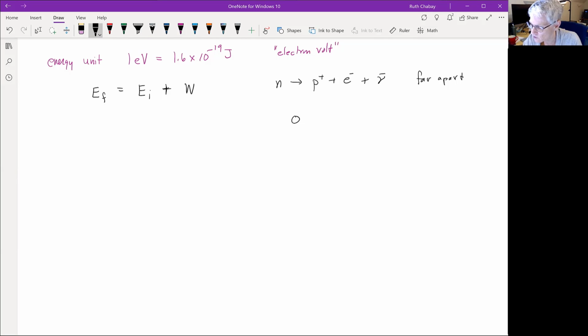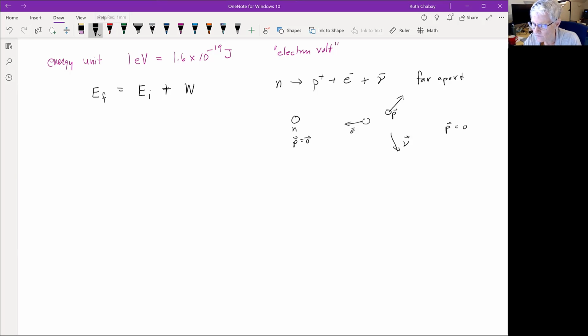So if we have a neutron at rest here, when we get a proton and an electron and this neutrino, their momenta have to be going in directions so that their momentum actually adds up to 0.